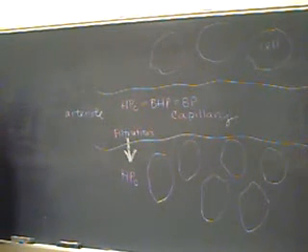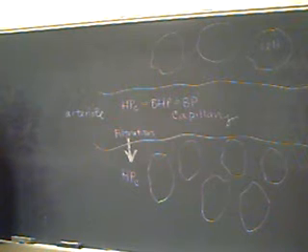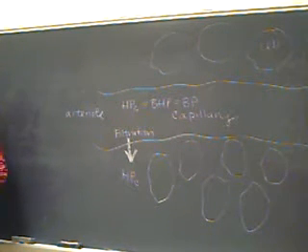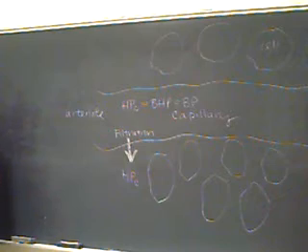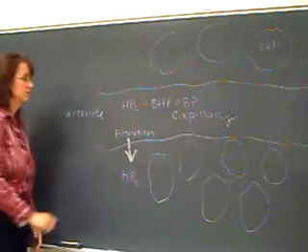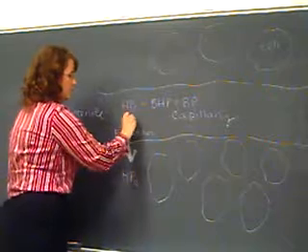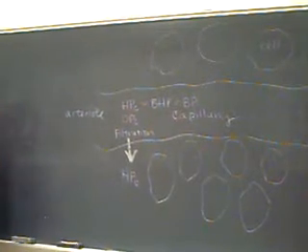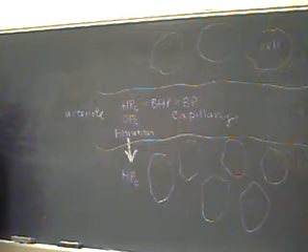Hydrostatic pressure wins the battle because hydrostatic pressure is high enough at the arterial end to successfully push out enough fluid at this area of the capillary. We also talked about OP. What is OP? Good, osmotic pressure.